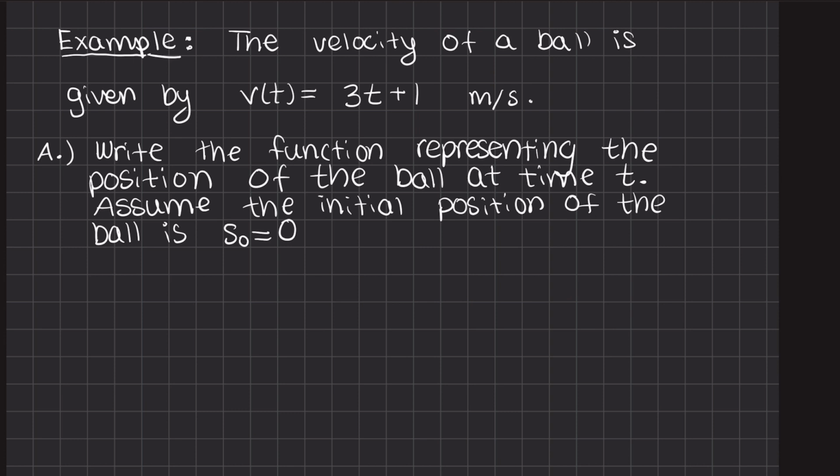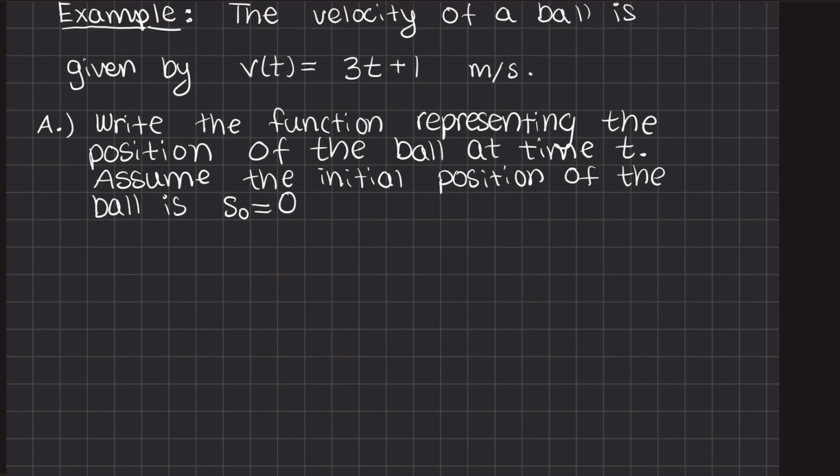If you recall when we were talking about derivatives, we know that if we take position and take the derivative, we end up getting velocity. And if you take the derivative of velocity, you end up getting acceleration. That means the antiderivative of acceleration is going to give us velocity, and the antiderivative of velocity is going to give us position.